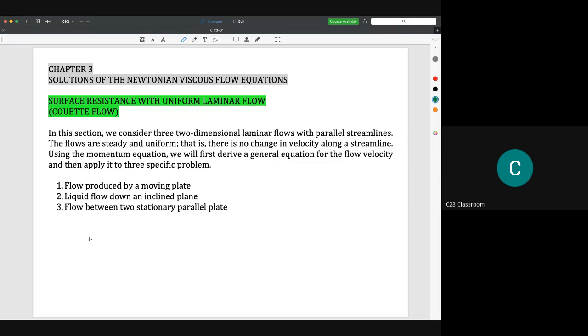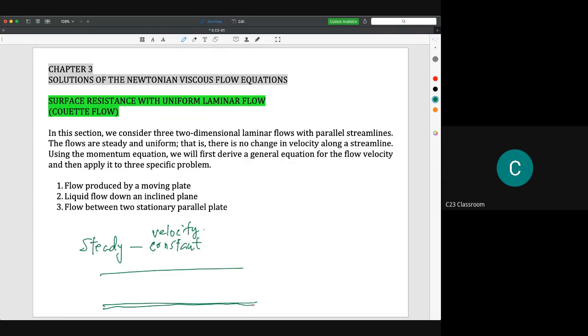Okay, steady, in layman's terms, means the velocity is not changing along time. So the idea is that the velocity is constant. Does it mean terminal velocity? No. Terminal velocity is when an object or a fluid is falling down due to gravity, when gravity pulls the object.